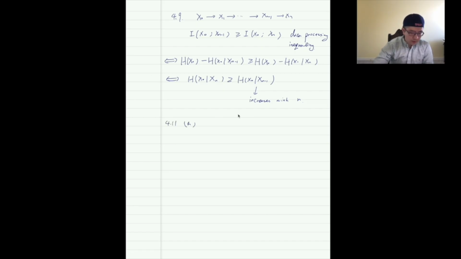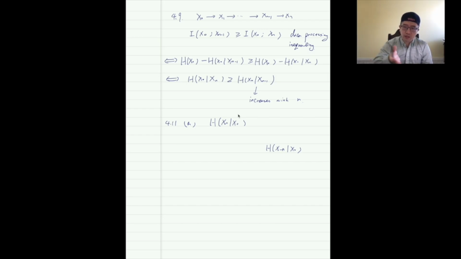The first one is that we want to prove the equality of this and this one, right? Because x is stationary, intuitively I think it may be true. Let's try to see whether it can be true or not.